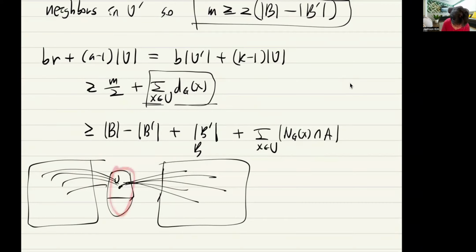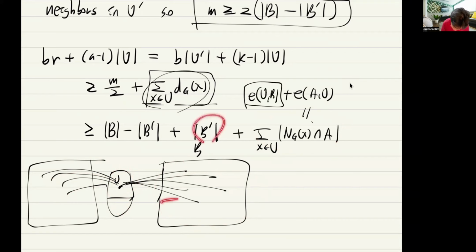Because for the number of edges between here and here, this part is what? From here to here, this is the number of edges between A and U. And this is the number of edges between U and B. But between U and B, what?